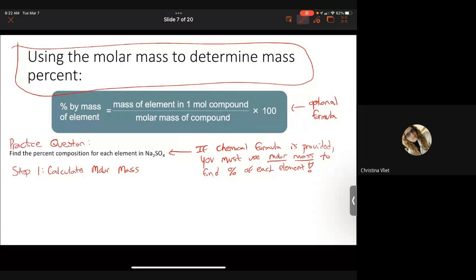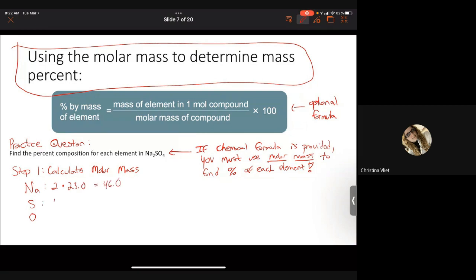All right, so let's do it for Na2SO4. For Na2SO4, how many sodiums do I have? First question. 2. So 2 times, and we find its mass from the periodic table. From the periodic table, we get 23.0.